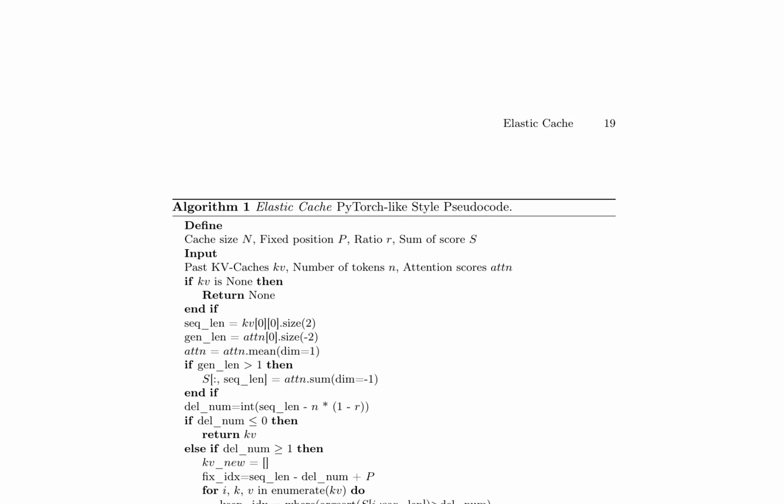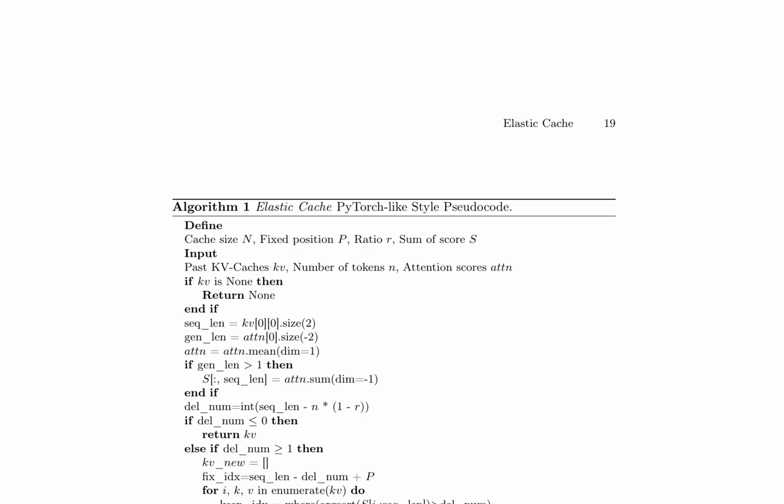Elastic cache, a novel caching algorithm, is presented in a PyTorch-like pseudocode. The algorithm takes as input past KV caches, the number of tokens, and attention scores. If the input KV cache is empty, the algorithm returns none. Otherwise, it computes the sequence length and generation length from the input KV cache and attention scores, respectively. The attention scores are then averaged along the first dimension.